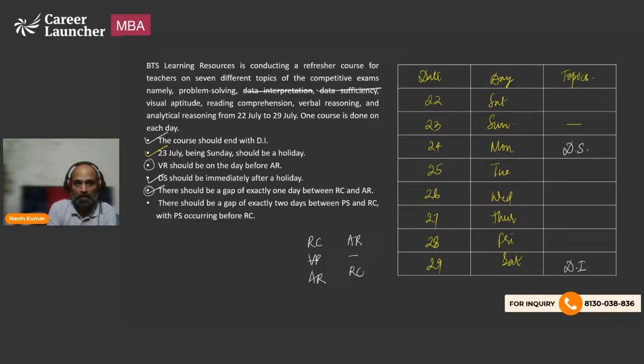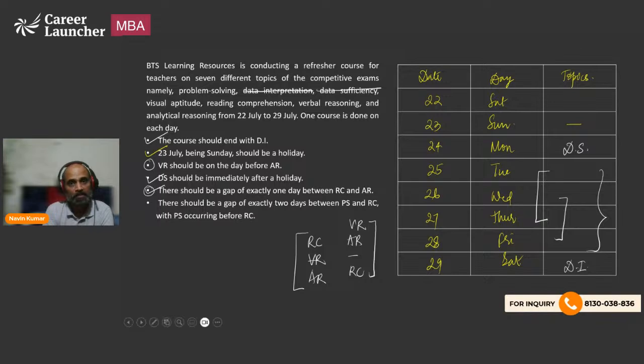So we can put VR over here, or we can put VR over here. Now, if we look at the combination of these 4, this is the only place that these 4 can go, right? And if you look at RC, VR, and AR, we can have RC, VR, and AR at these 3 consecutive places, or we can have them at these 3 consecutive places, right? So we have 3 possibilities.